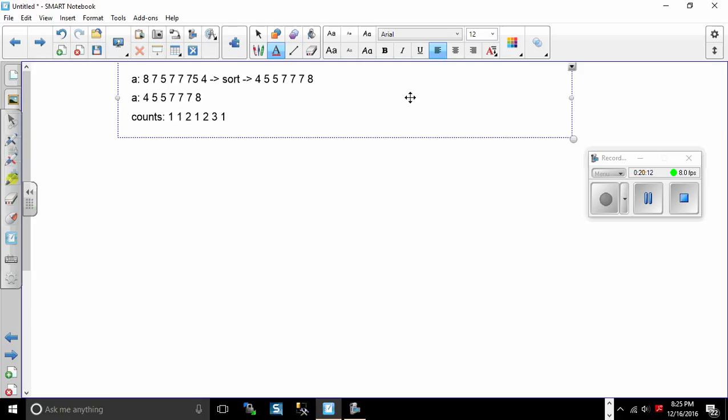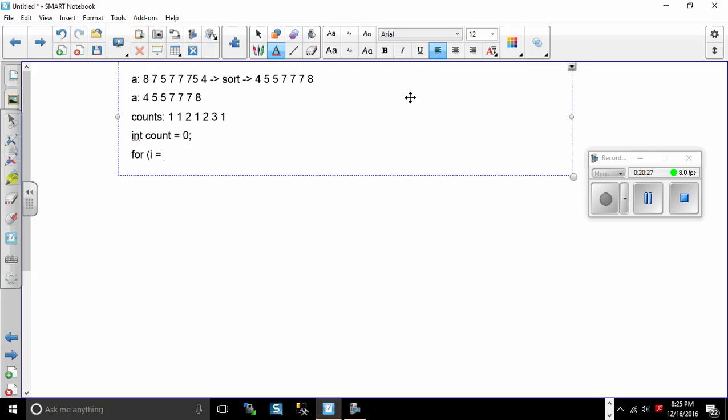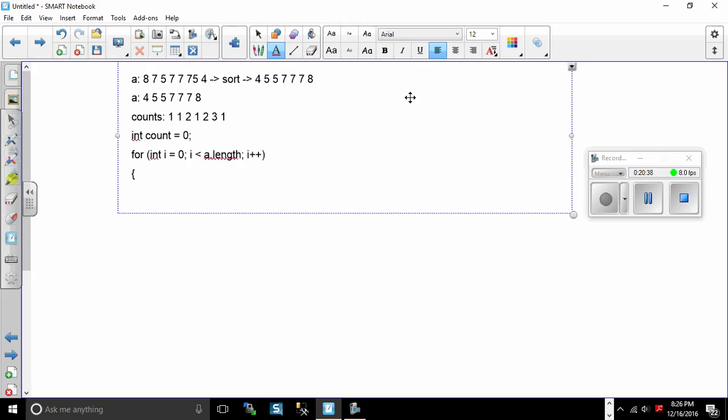And so the pseudocode would proceed something like this in Java. Let's initialize our count to 0. Again, we'll have a for loop, I less than a dot length. Increment count.